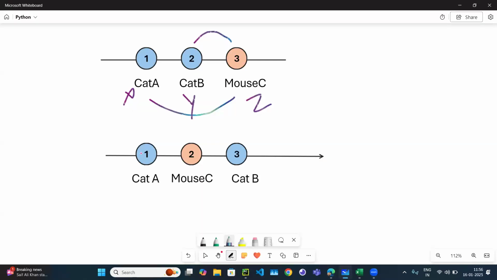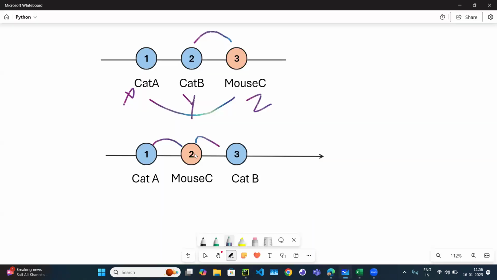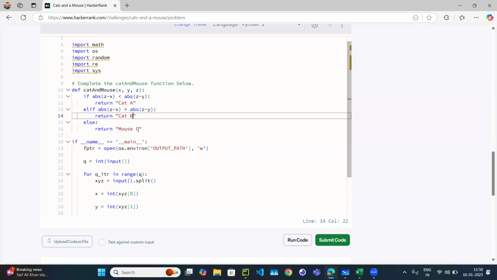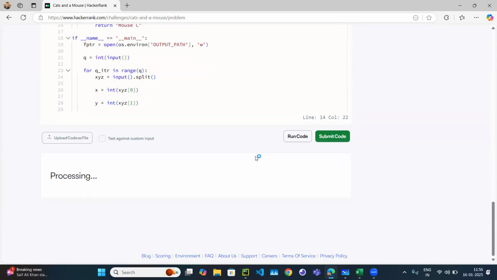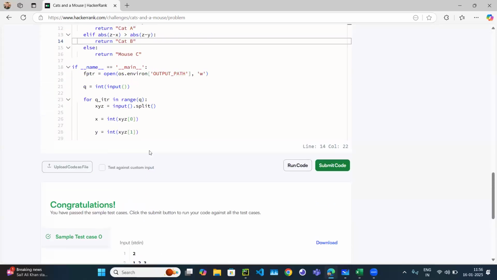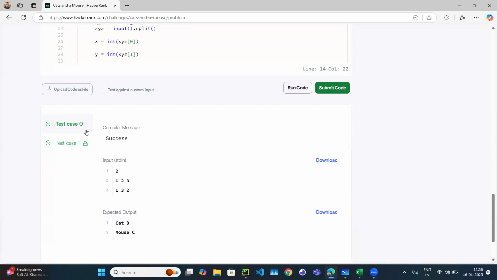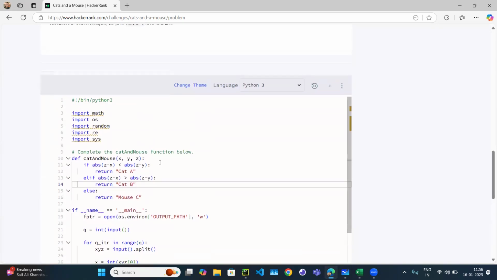As an example, in this case, they are at the same distance, so both the cats are going to fight with each other, and we are going to return mouse C. Let's run the code. The sample test case has passed, and let's test all the test scenarios. We have two test scenarios given and everything ran fine.